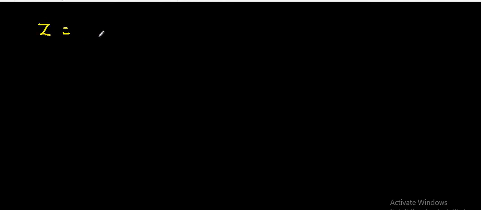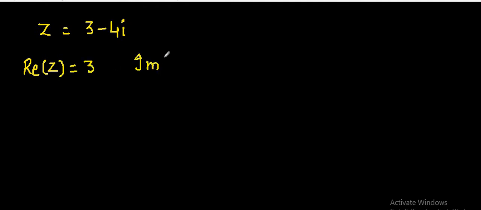So if we have z as 3 minus 4 iota, then what will be real part of z? It will be 3, and imaginary part of z will be minus 4, and then what will be mod z?